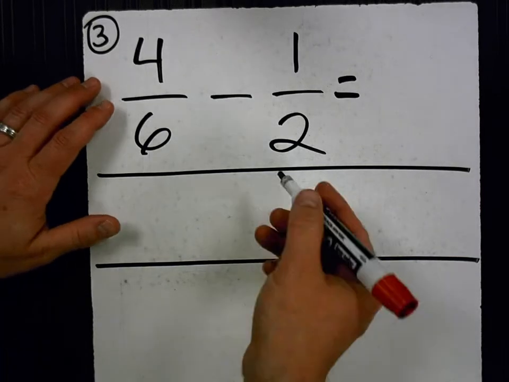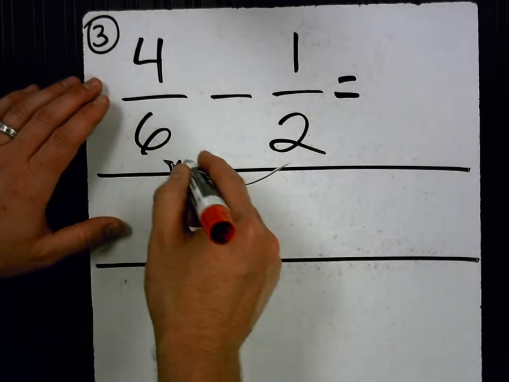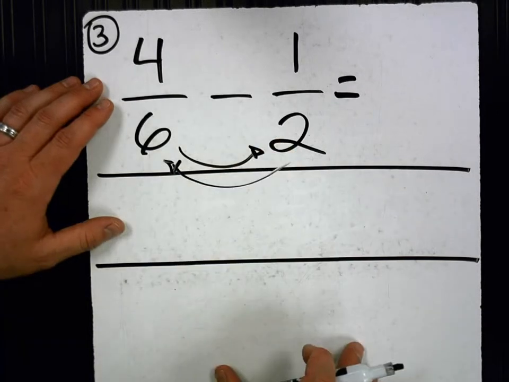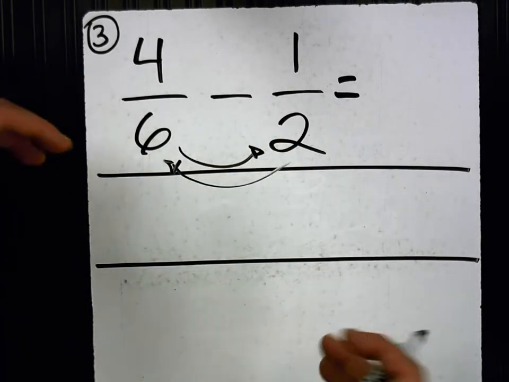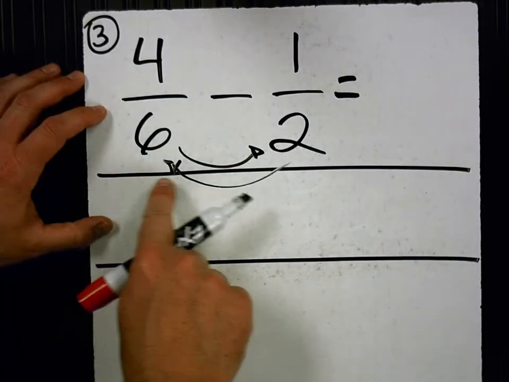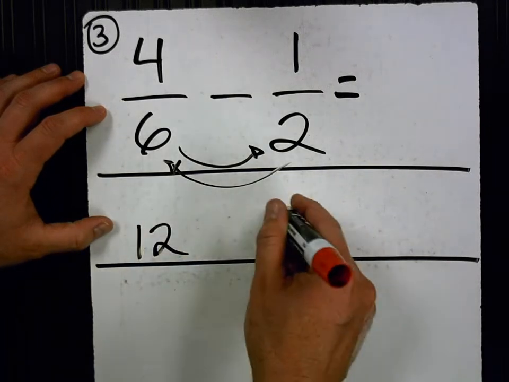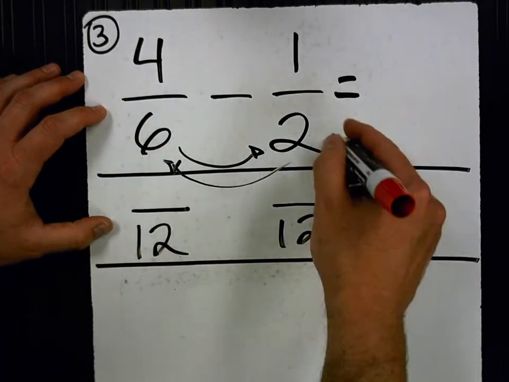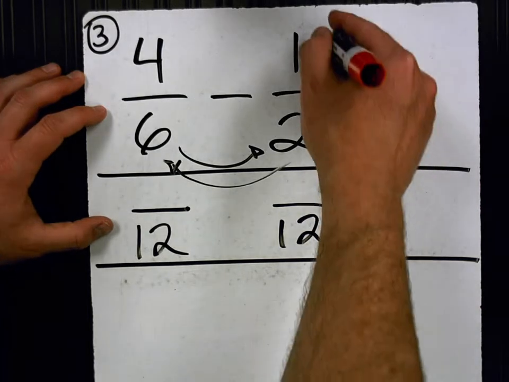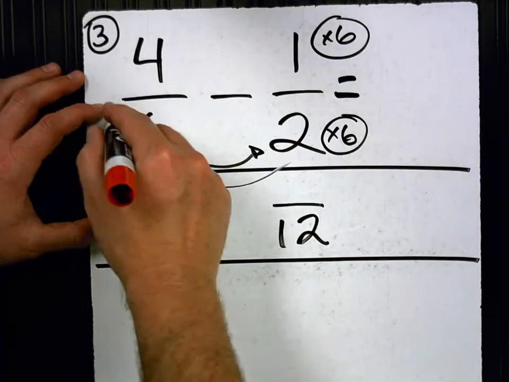Okay, so the first thing that we need to do is to cross multiply so that we get like denominators. 6 times 2 is 12. Of course, whatever we do to the bottom number, you have to do to the top.